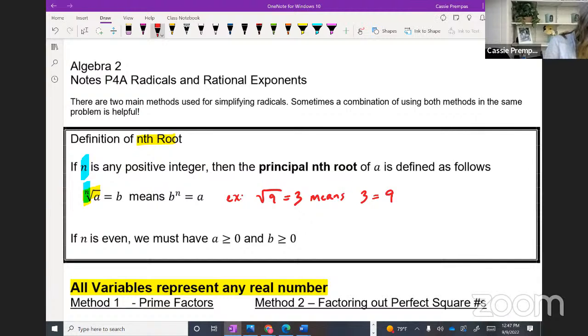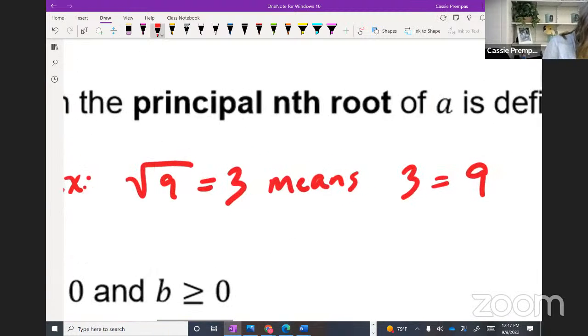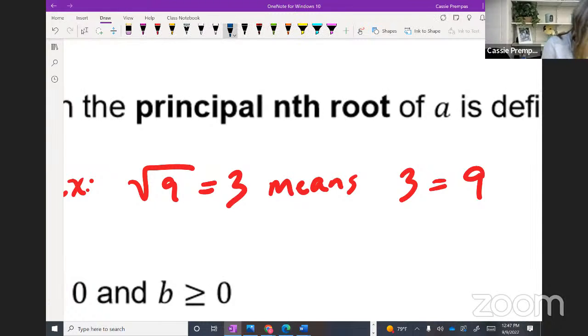Now, hopefully that immediately brings you maybe cause for concern or just wondering, or maybe just bringing back into memory. 3 raised to what power equals 9? 2. But wait a minute, there's nothing written in here. Have you guys been told it's by default 2? If there's nothing written there, it's like one of those invisible math things that you just have to know, and it's really important that you know it to be successful.